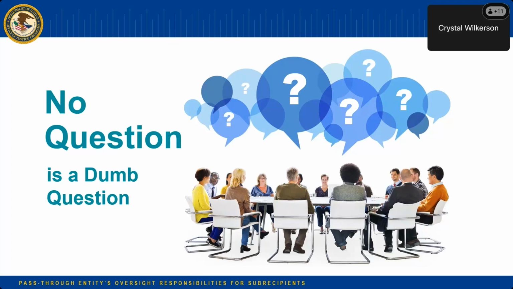Once again, I want to thank everybody online for attending our webinar on oversight responsibilities for subrecipients today. We're going to have other webinars, and they will be announced, just like we announced this one. In fact, a week from today, we're going to have a webinar on conference costs on September 21st.